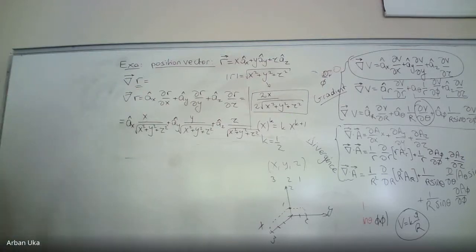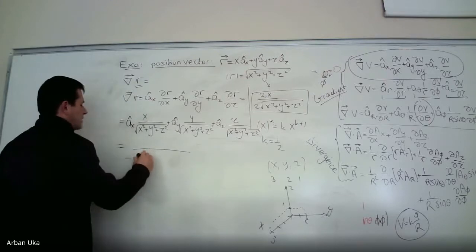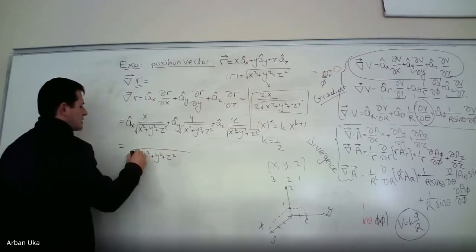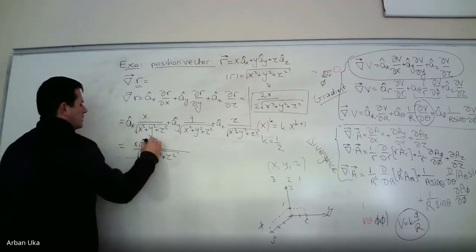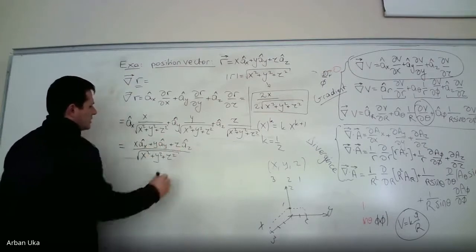And what we observe from here is that we put the common denominator, and this is x squared plus y squared plus z squared, x ax plus y ay plus z az.